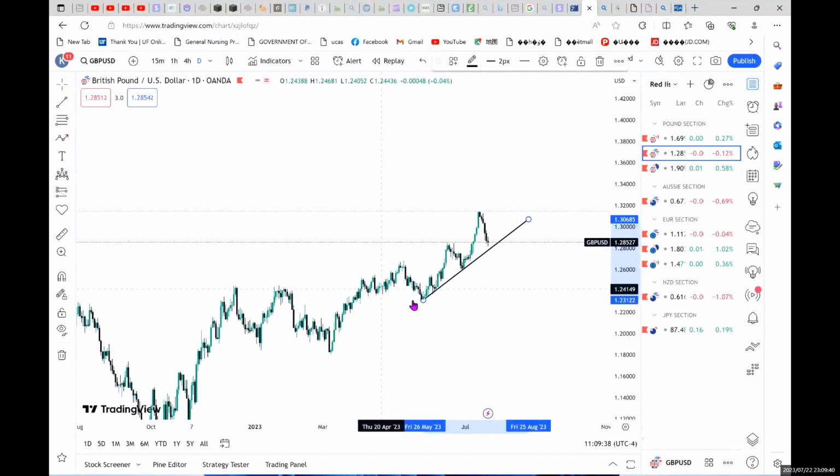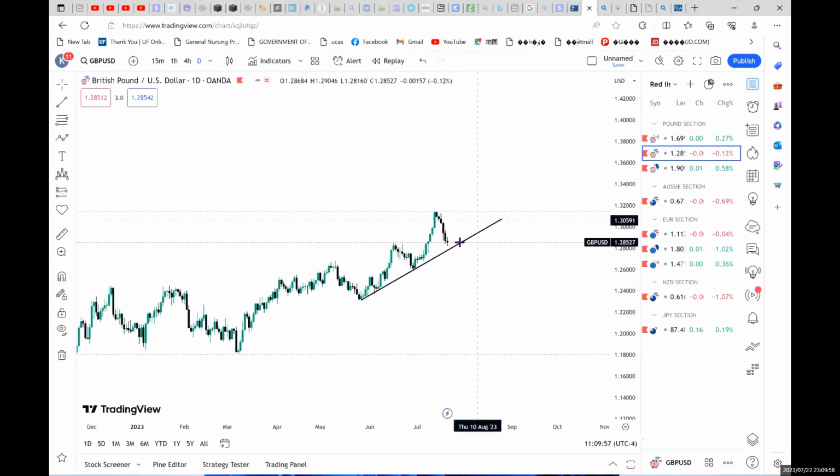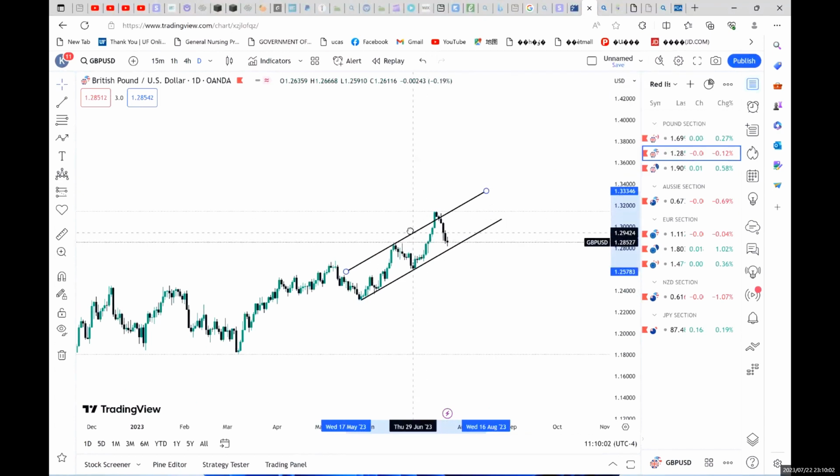We had a low, high, low, high, low, high, and now we're getting another pullback, and we are close to the trend line. So we can anticipate that when price reaches the trend line, it can give us a push to the high. But let's check the lower time frames and see what we're working with.